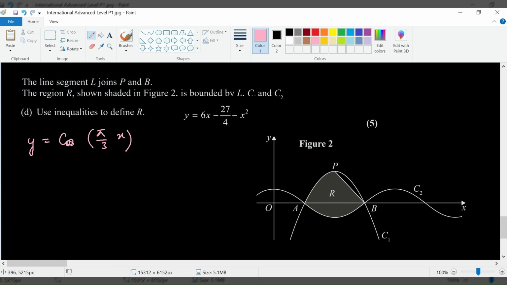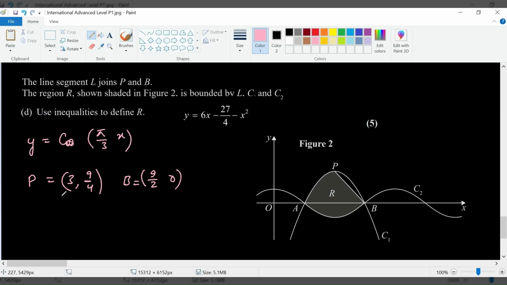There are 2 points that we know very well. P is 3 and 9 over 4. This is the first point. And the second point is B, which is 9 over 2 and 0. So these are the 2 points.